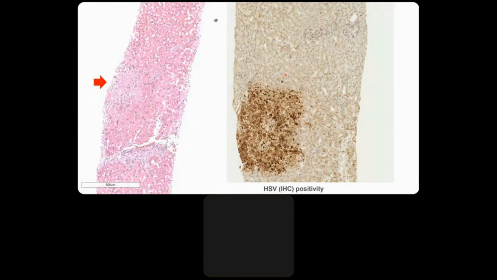So if you perform immunohistochemistry here for HSV, this was positive, confirming a case of herpetic hepatitis, which can frequently present with hepatic necrosis. And in this case, the patient was promptly started on antiviral therapy.